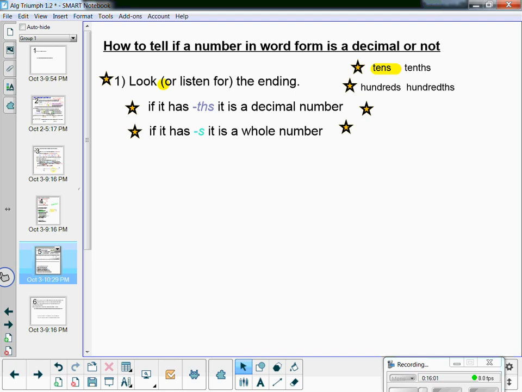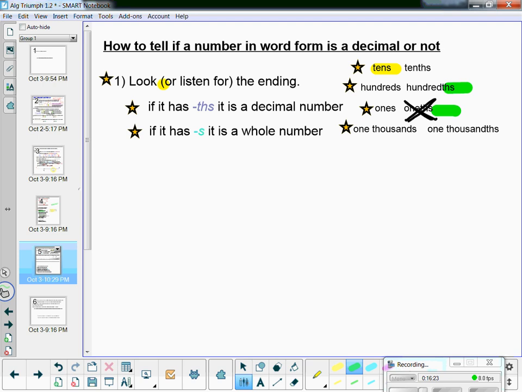Hundreds versus hundredths. The THS right here tells you it's a decimal. Ones versus once, this is important. There is never a once. We only ever have one ones place. Finally, thousands versus thousandths. Decimal, whole number.